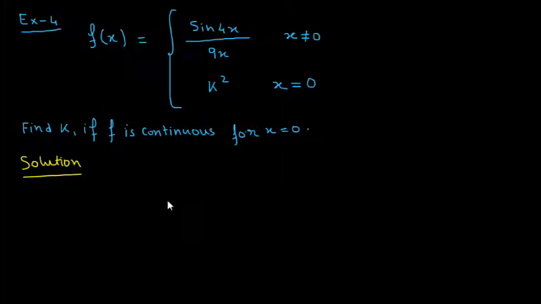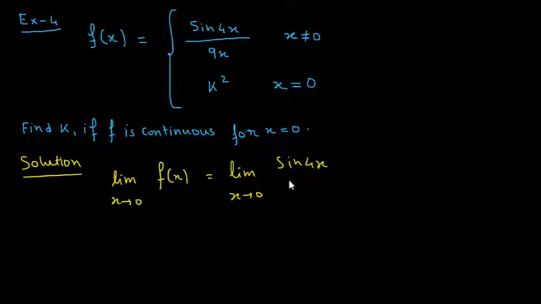So, example number 4. It is given that fx is equal to sine 4x upon 9x where x is not equal to 0 and k square where x is equal to 0. Find k if f is continuous at x is equal to 0. So, first we can write limit x tends to 0 fx is equal to limit x tends to 0 sine 4x upon 9x.